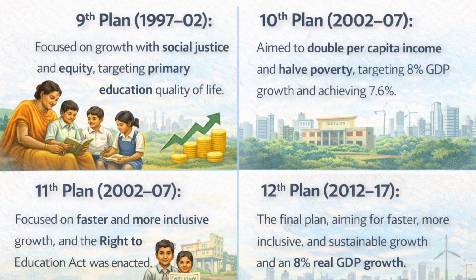Annual Plans 1990 to 92, a transition period during a balance of payments crisis, introduced liberalization, privatization, and globalization, LPG. Eighth Plan 1992 to 97 emphasized human resource development and industrial modernization, and India joined the WTO. Ninth Plan 1997 to 2002 focused on growth with social justice and equity, targeting primary education and quality of life. 10th Plan 2002 to 2007 aimed to double per capita income and halve poverty, targeting 8% GDP growth and achieving 7.6%. 11th Plan 2007 to 2012 focused on faster and more inclusive growth, and the Right to Education Act was enacted. 12th Plan 2012 to 17, the final plan, aimed for faster, more inclusive, and sustainable growth and an 8% real GDP growth.